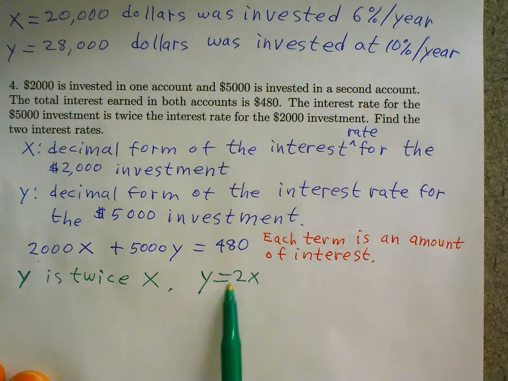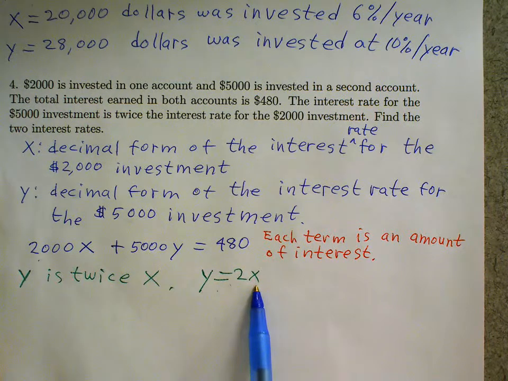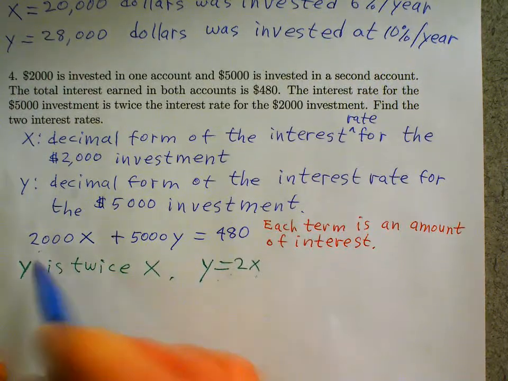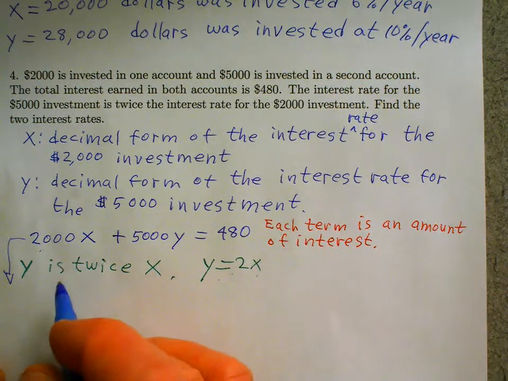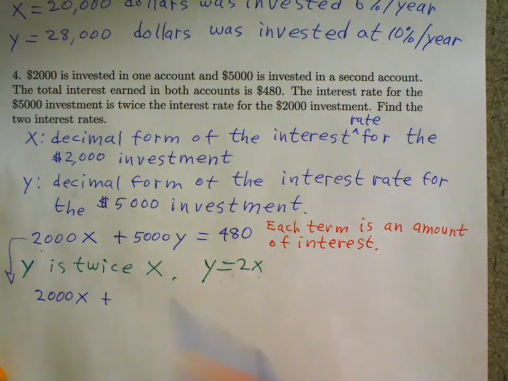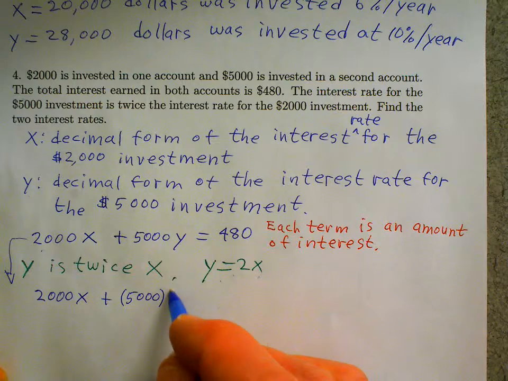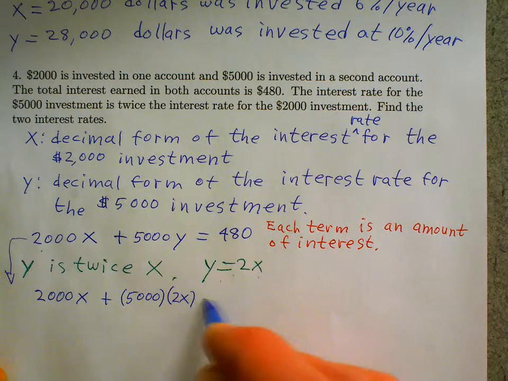Okay, so we have two equations. And it looks like it's pretty easy to use substitution in this one, since Y is just equal to 2X. We substitute into this equation, and we'll get 2,000 times X plus 5,000 times 2X equals 480.